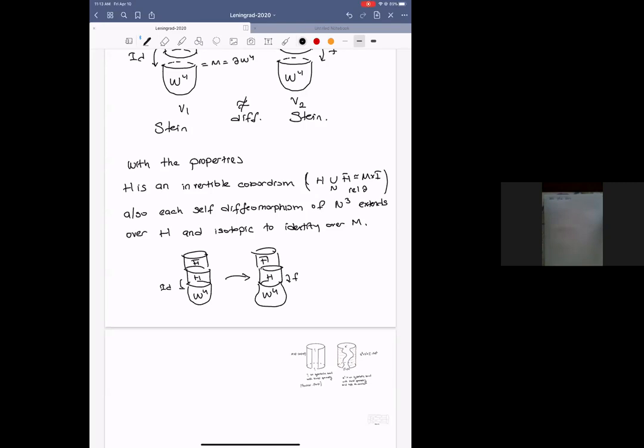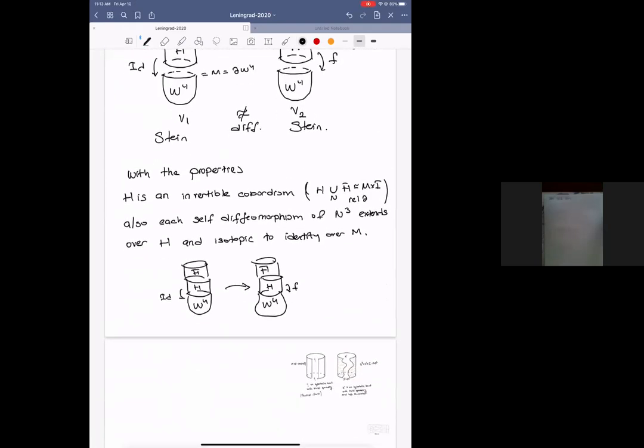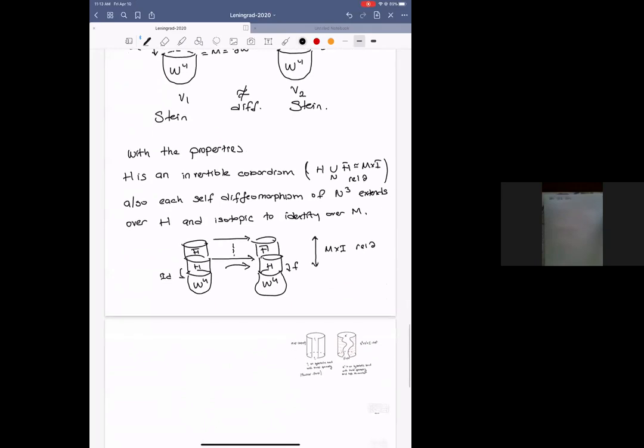If you don't think about the H bar parts right now, if those two manifolds are diffeomorphic to each other, whatever it induces on this piece, it extends over here, which is identity also. And also by the properties of H, this piece is diffeomorphic to M cross I, real boundary. And that is saying that you have two pieces of W4.